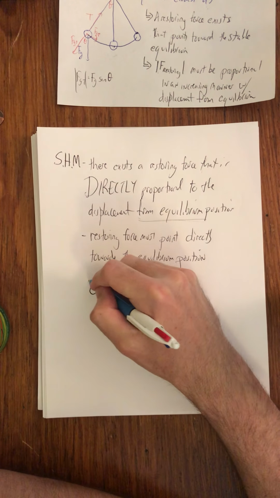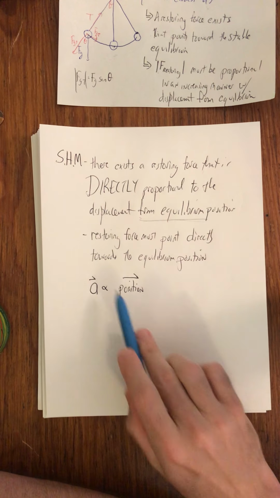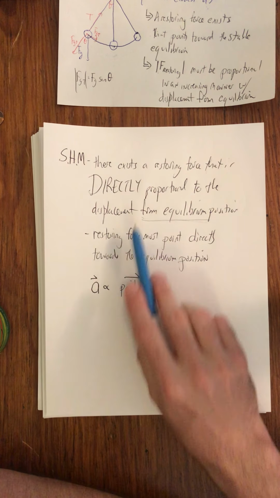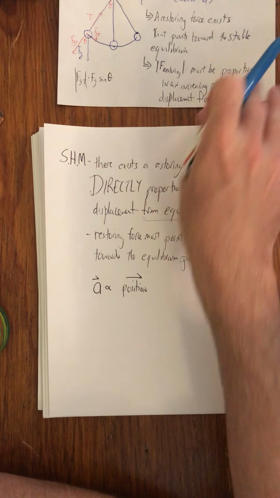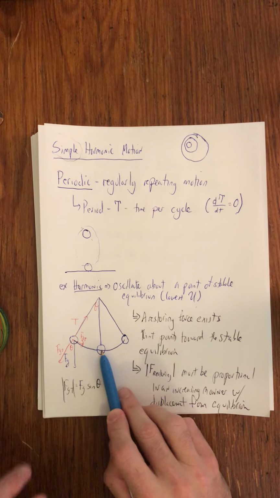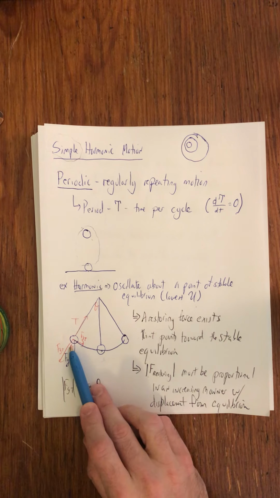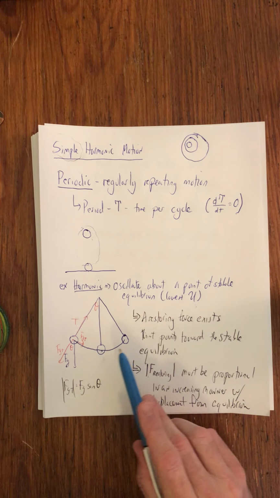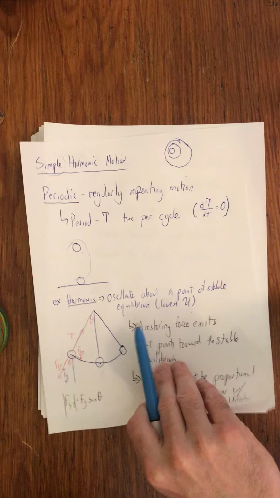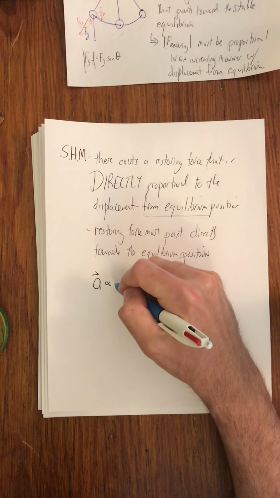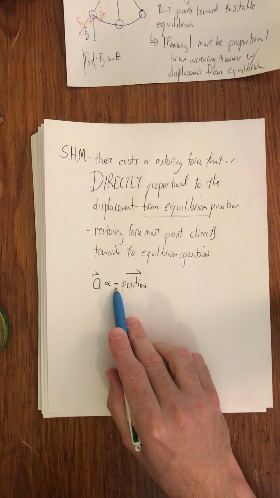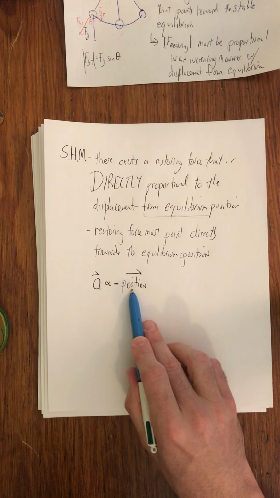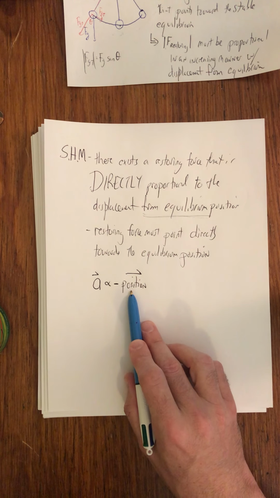The other thing is, remember, these are two vector quantities. Not only must it be directly proportional, it's always got to point towards the equilibrium position. So if I'm displaced to the left, the acceleration must be to the right. And if I'm displaced to the right, the acceleration must be to the left, meaning that the acceleration is always going to be in the opposite direction from the position of the object with respect to the equilibrium position.